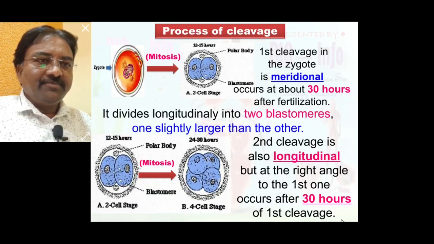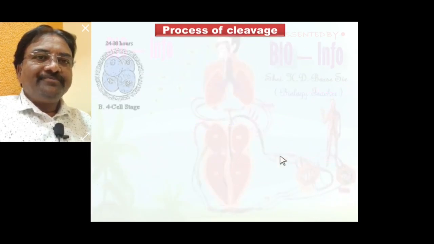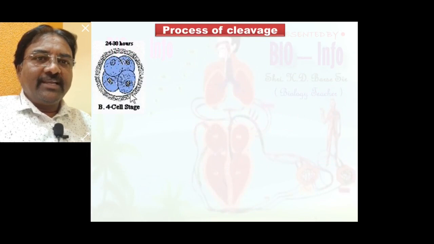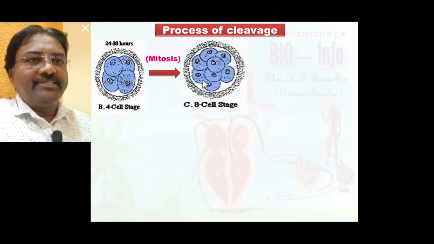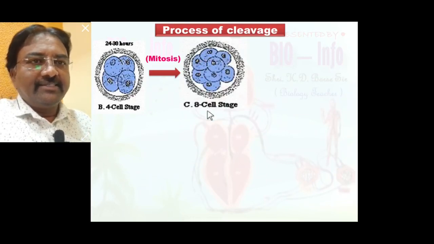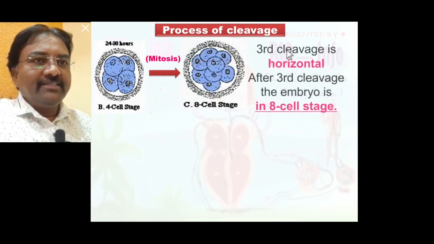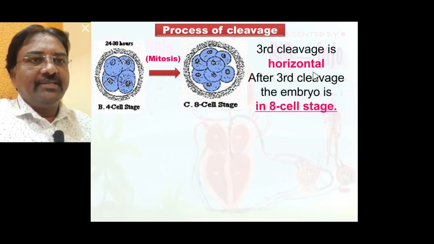Now the four-celled stage undergoes mitosis to form the 8-cell stage. This is the third cleavage, horizontal. After the third cleavage, the embryo is at the 8-cell stage.